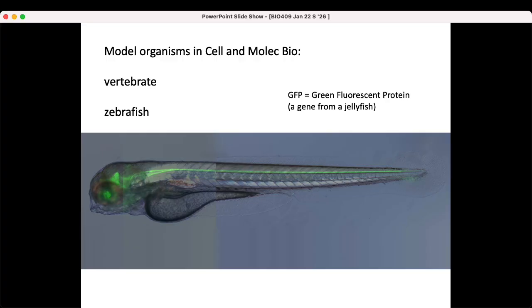A scientist was studying a jellyfish, a little tiny jellyfish that lives outside of Seattle in Puget Sound, that glows. And they wondered, how does that thing glow? They figured out how it glows, and another scientist said, oh my God, I could take that glow gene, put it into the zebrafish, make the zebrafish glow, and that would be valuable.